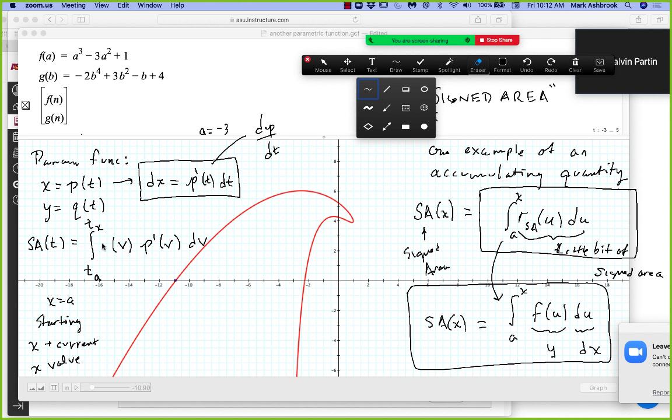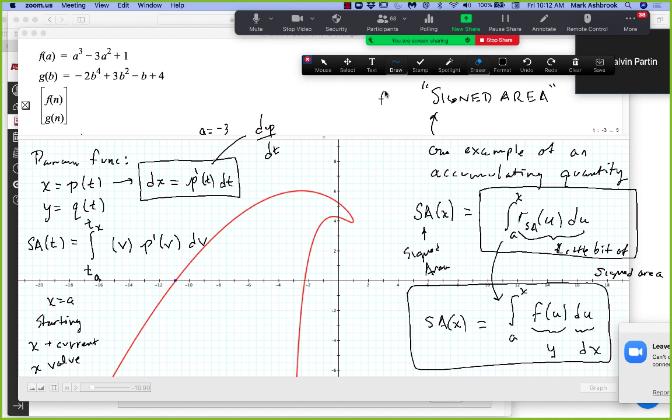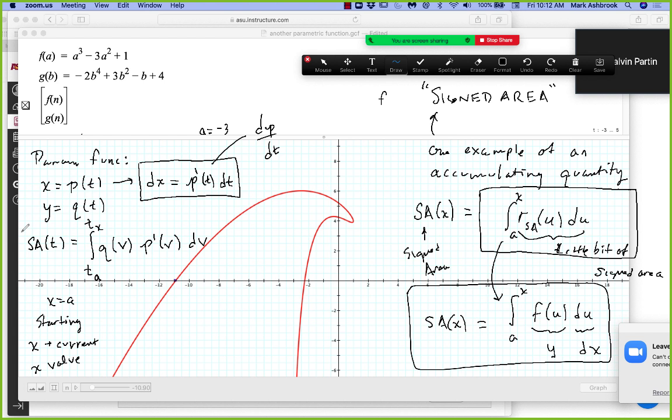Yeah, I have a question. Please. Would that give us the signed area for x versus t, or y versus x? No, it's still going to be y versus x. It's still going to be signed area in the xy plane. It's just the vehicle for generating it is now t instead of x.